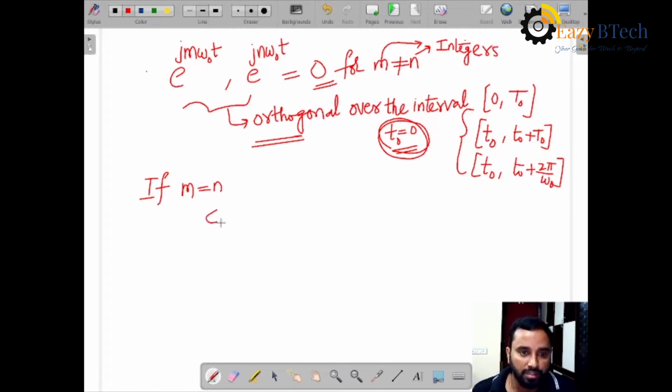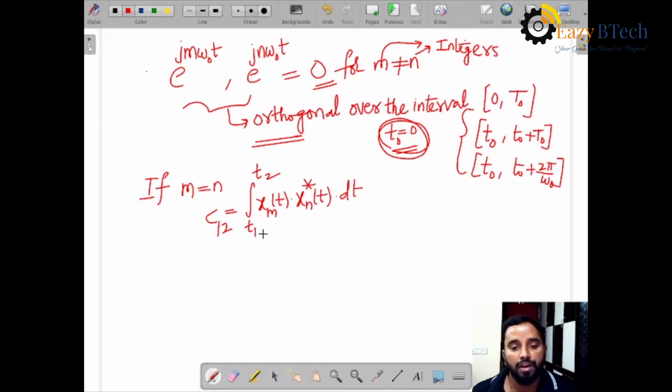Here C12 we have calculated. What is C12? Integral T1 to T2 of x m of t into x star n of t dt, divided by integral T1 to T2 of x n of t into x star n of t dt.